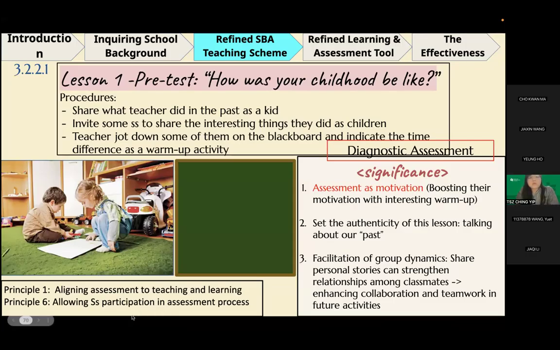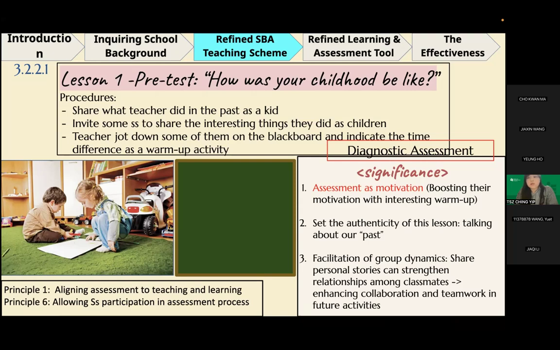So to talk about the lesson 1 pre-test, how was your childhood like? The procedure is to share what the teacher did in the past as a kid, and the teacher will invite some students to share the interesting things they did as children, and then the teacher will jot down some of them on the blackboard to indicate the time difference as an activity for the class.